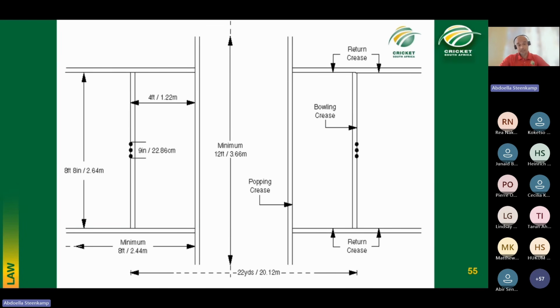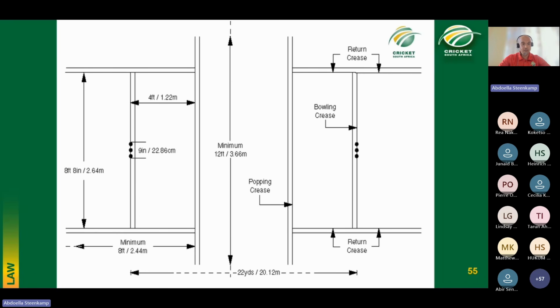And then the 5 meter tape I'll use to check the measurement of the creases and make sure that they are correct. So again, very important, we need to know the names of these creases and we need to know the measurement of these creases.